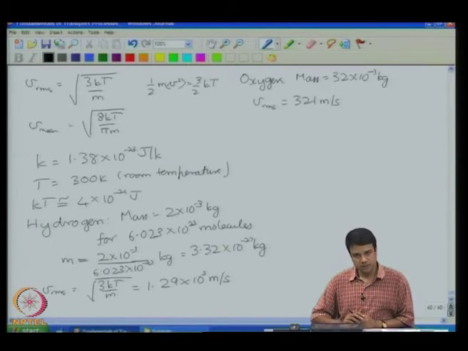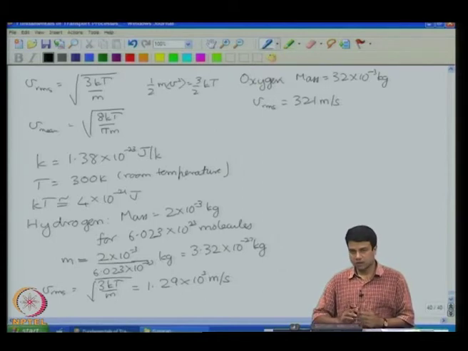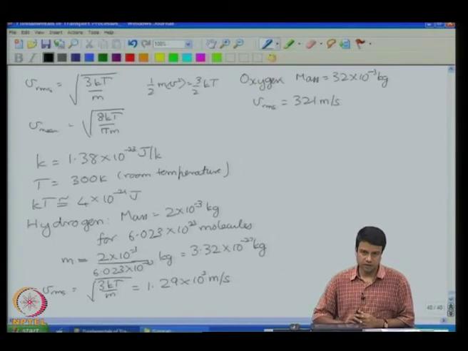In hydrogen, the speed of sound is about 1290 meters per second, and that is what we got for Vrms. So, the RMS velocity of the molecules in a gas is comparable to the speed of sound, with estimates between 100 to 1000 meters per second approximately.